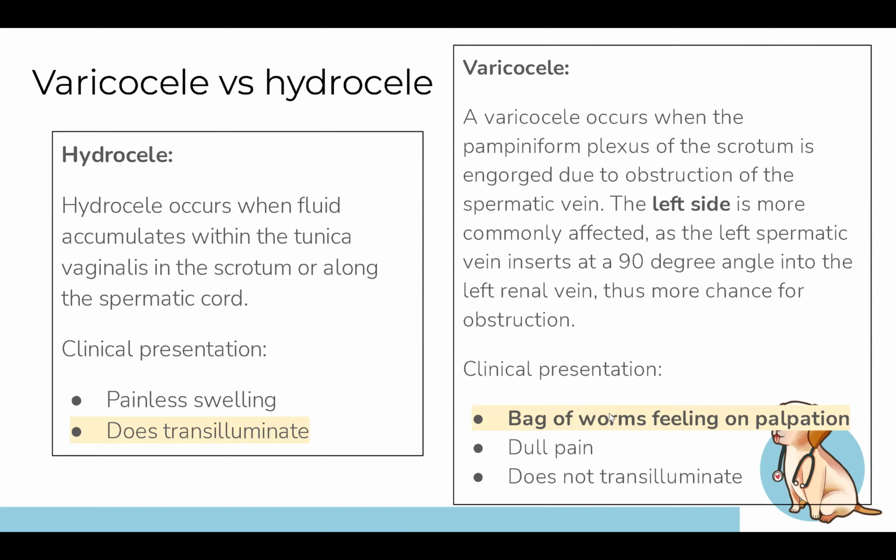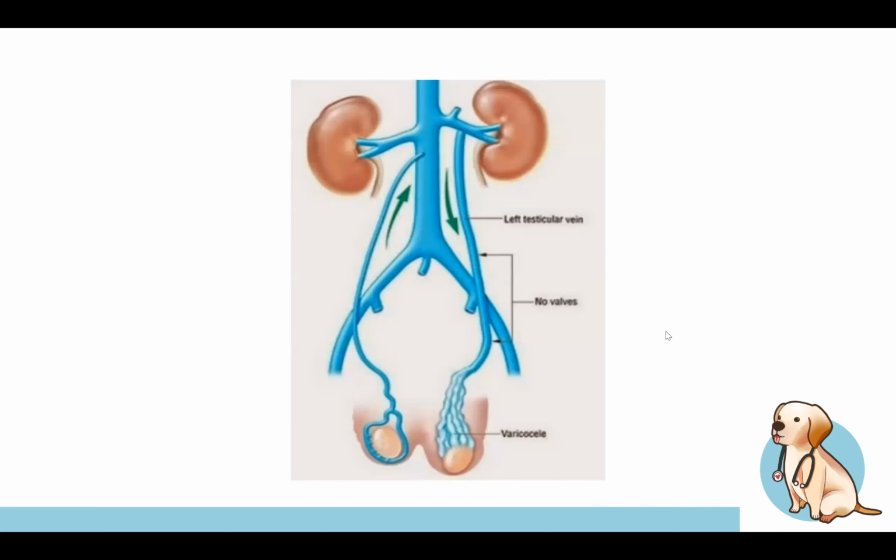And this is actually much more common on the left side because the left spermatic vein inserts at a 90-degree angle into the left renal vein. There's more chance for obstruction. So it's a lot easier to see on the diagram. We see here the left testicular vein inserting into the left renal vein. I know you haven't done this yet, but it makes sense.